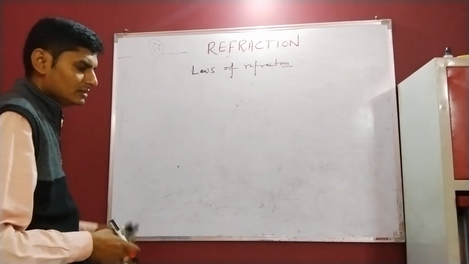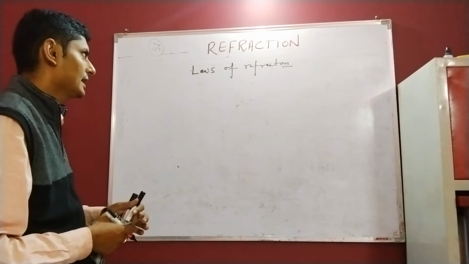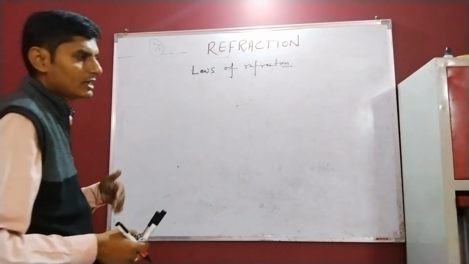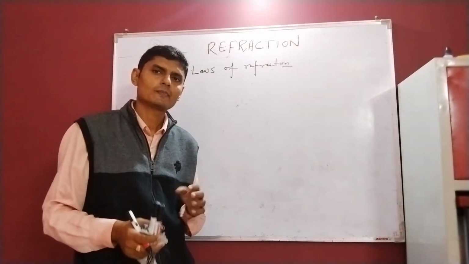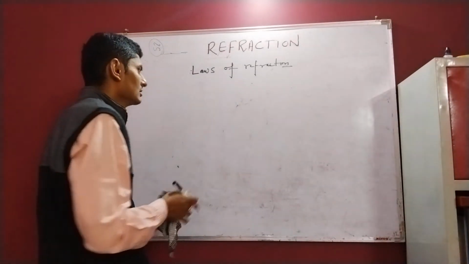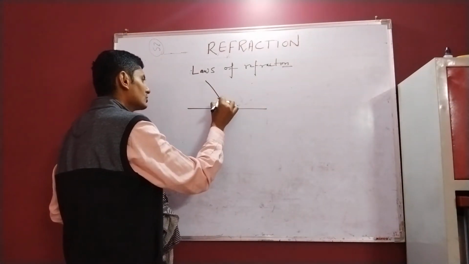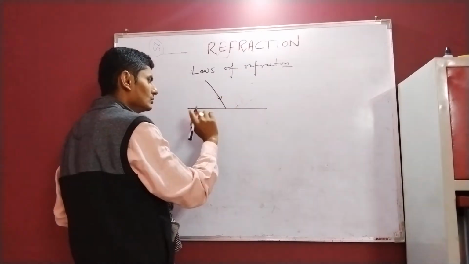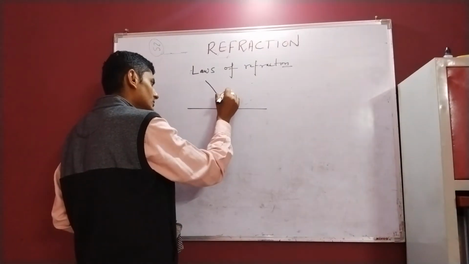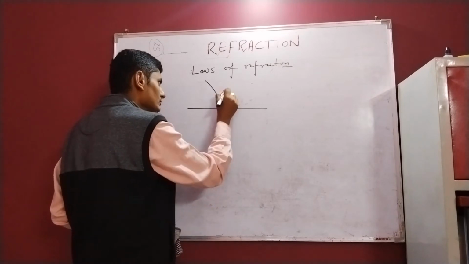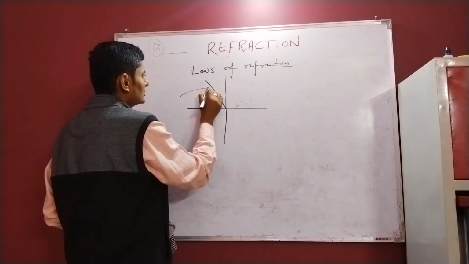In reflection, we have studied the bouncing back of light rays in the same medium, but in refraction light rays pass from one medium to another medium. This is the normal. This one is the incident ray.